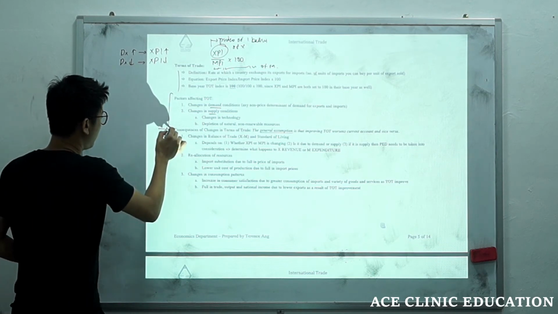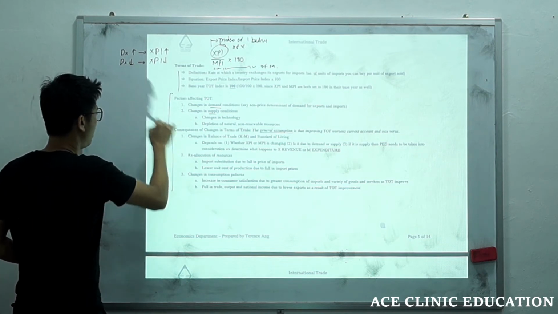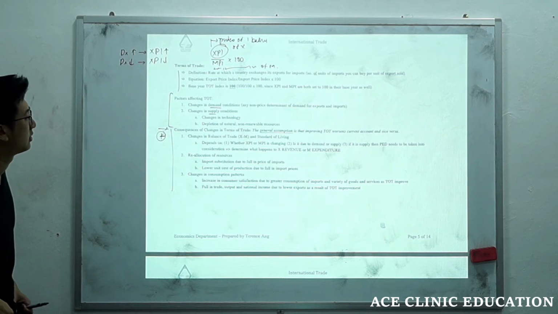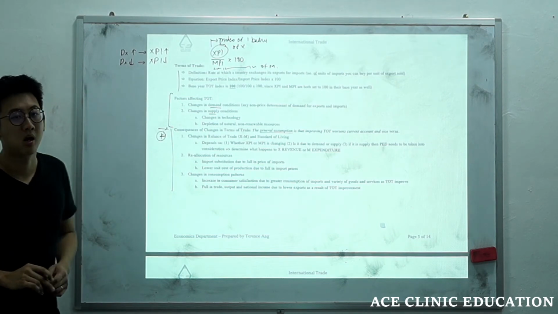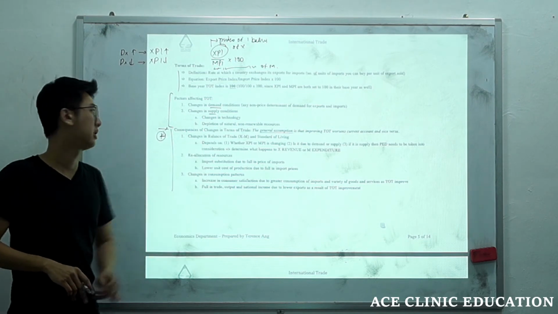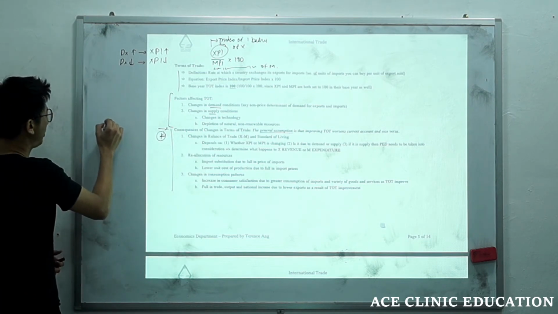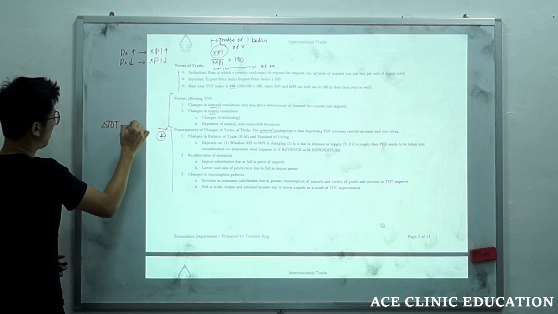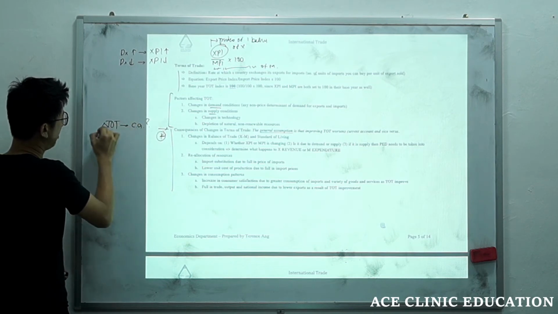Now, this is the most important one. Okay? Super, super important. The major application here will be when TOT changes, how does it affect the current account?